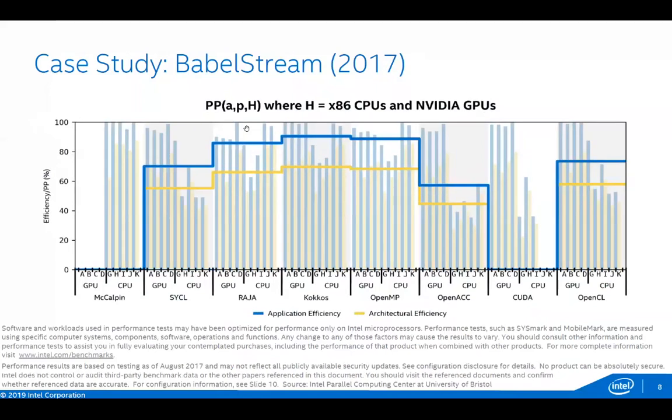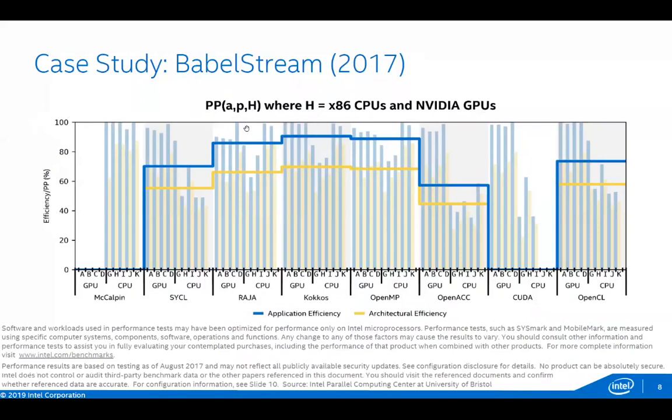And if we jump ahead to 2017, I think the most striking result is that the SYCL performance portability jumps from 0 to 70%, and that represents that in that time period, SYCL runtimes and compilers improved to the point that Bristol were able to run their SYCL implementation on all of the platforms tested.